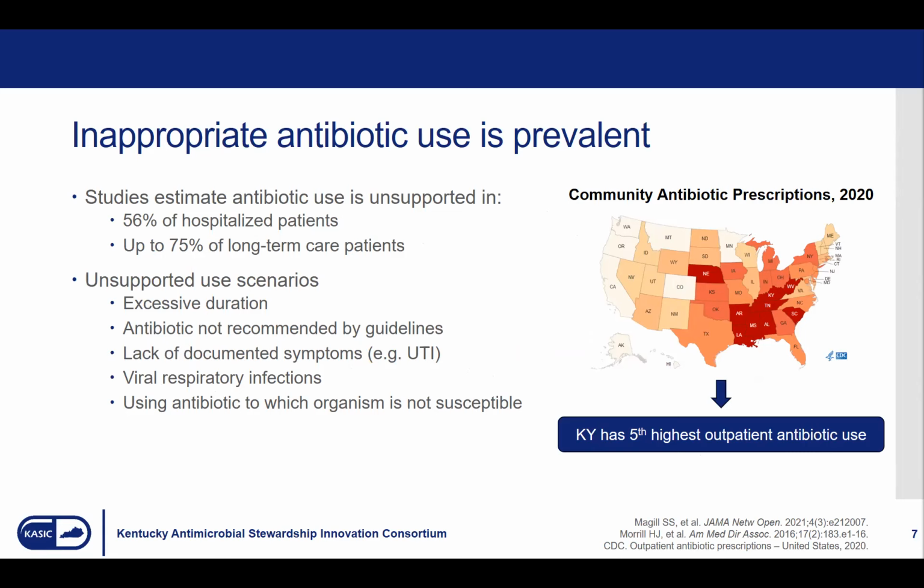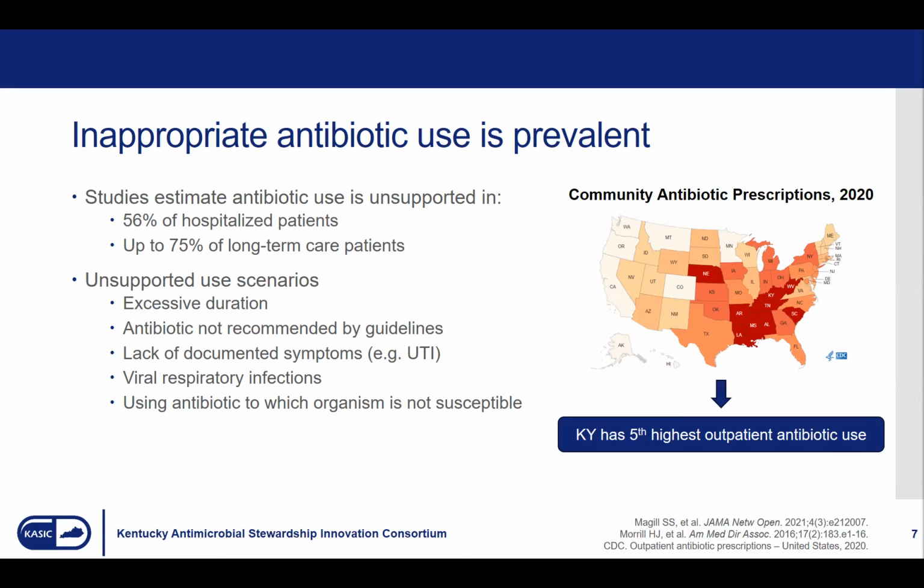Some of them are listed here for you, but some examples are excessive duration, for example treating a pneumonia for 14 days instead of the standard 5-day duration. Or another big one, especially this time of year, is viral respiratory infections. As we know, those do not respond to antibiotics, and yet this does occur.